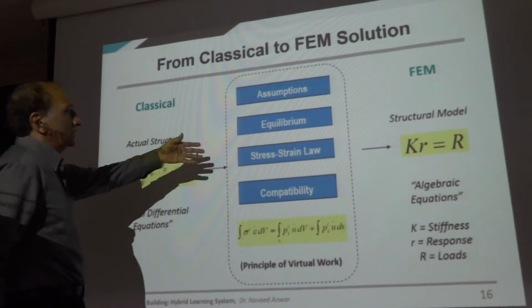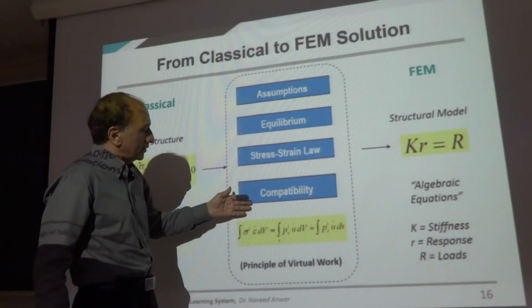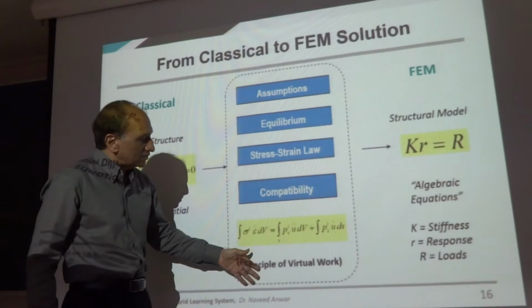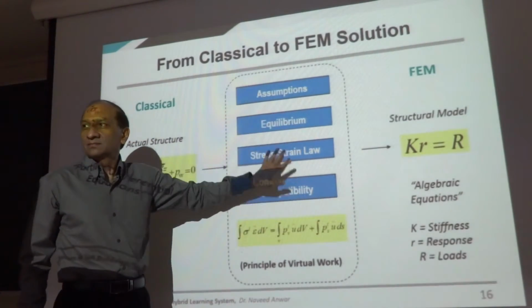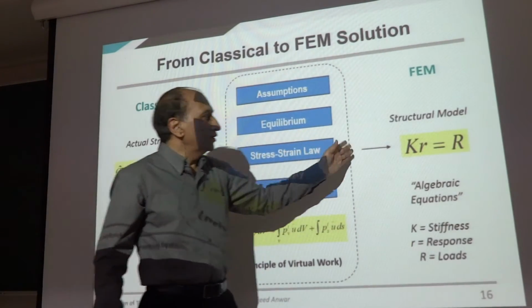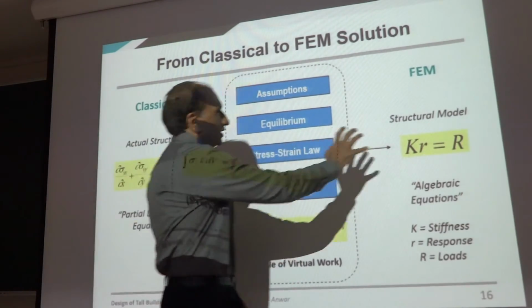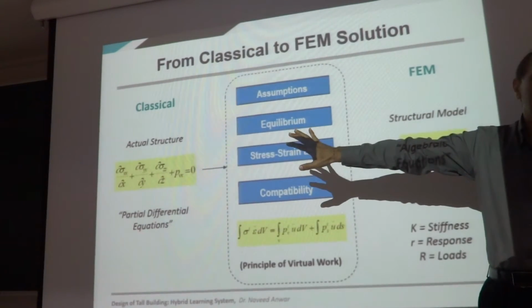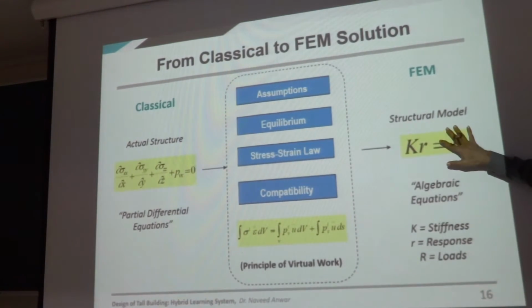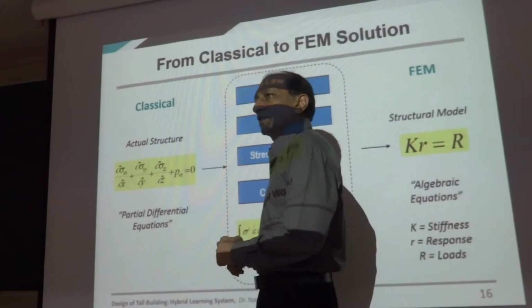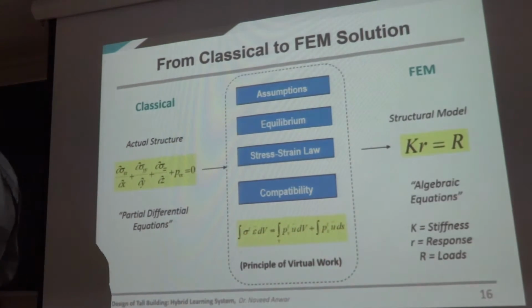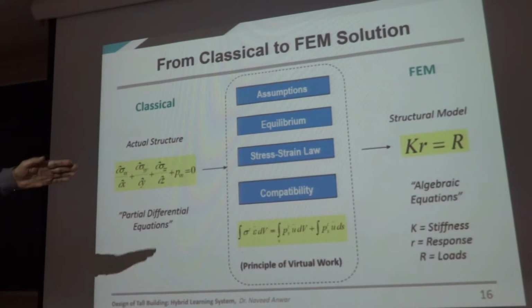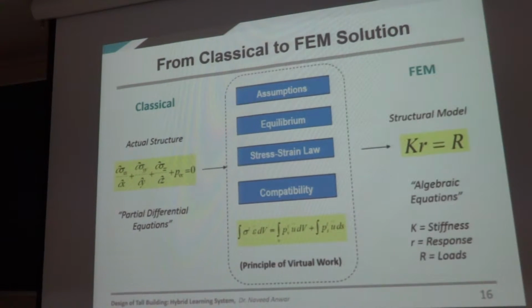You use assumptions, equilibrium, stress-strain law, compatibility, energy balance, whatever, virtual energy, something. And then finally, you convert that into this, and this is what you solve. So basically, the partial differential equation is converted into an algebraic equation. No matter how complicated the partial differential equation on this side is, on the other side, you always get an algebraic equation. And algebraic equations can be solved by using numerical techniques.